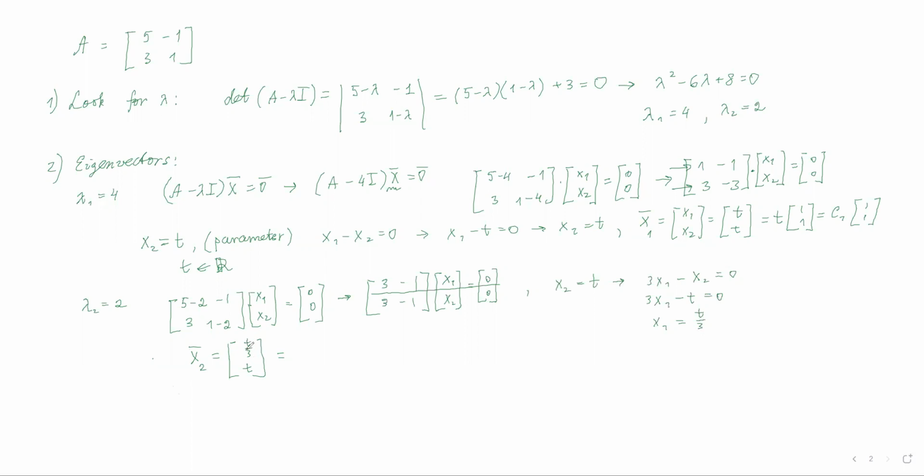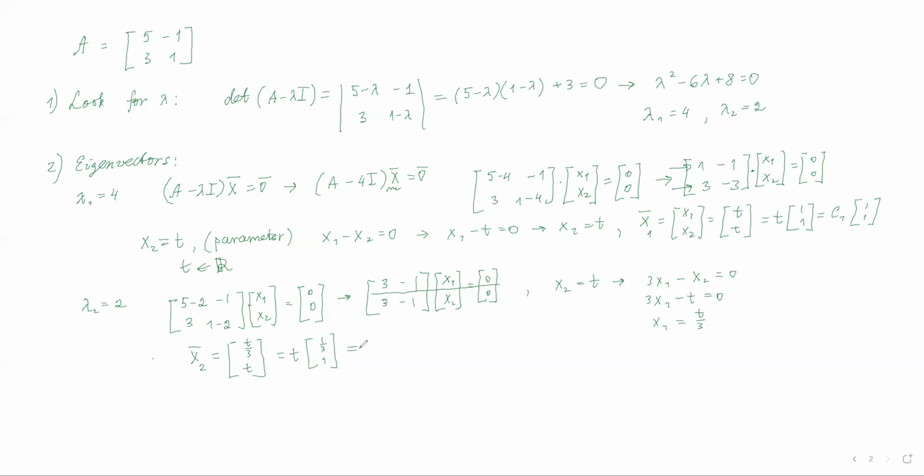Now I'm going to repeat the same procedure. I take t outside, and I'm going to have 1 over 3 and 1. Actually, I don't like to have fractions because t is any real number. What I can do is multiply everything by 3.